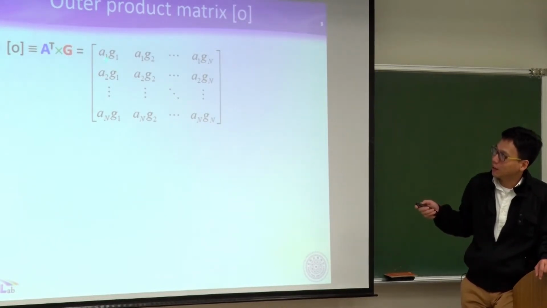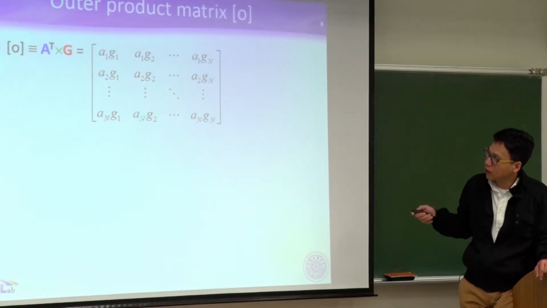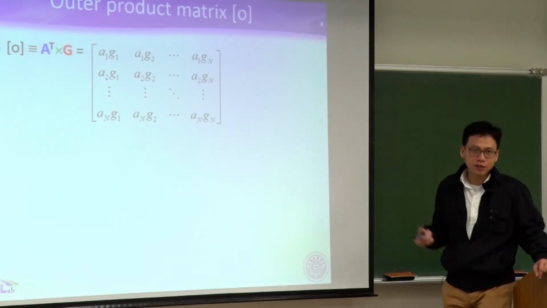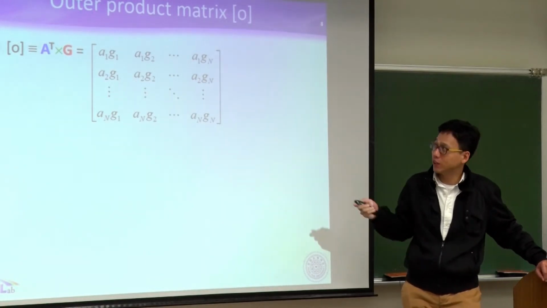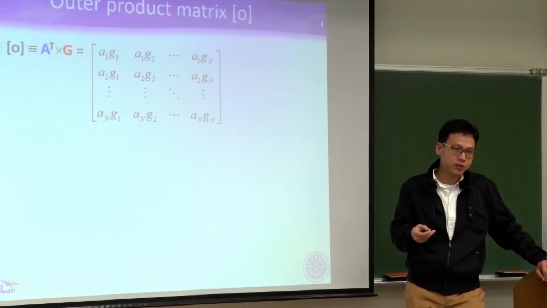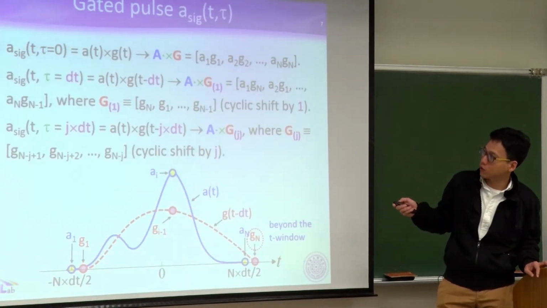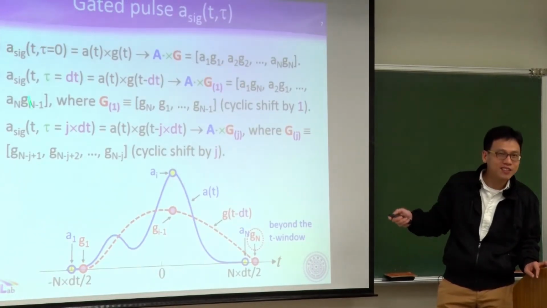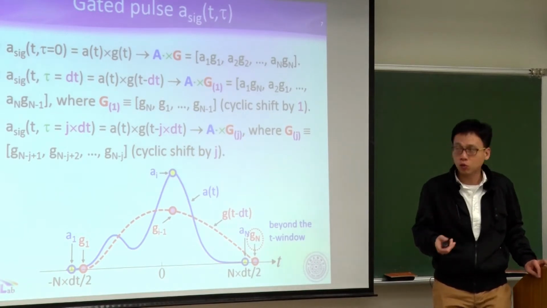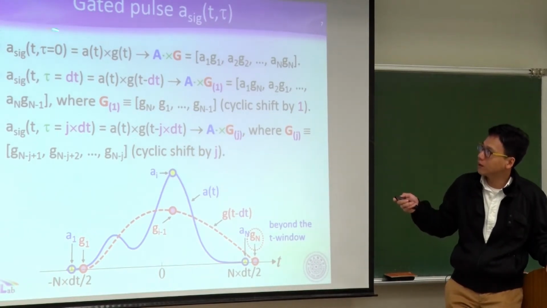A1, G1, A2, G1, An, G1, the second column, A1, G2, A2, G2, An, G2. Can you identify the relation between this matrix and the gated signal matrix as we introduced in this page? For example, where is this one?